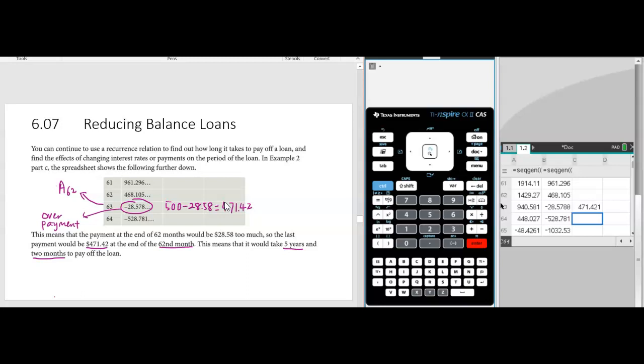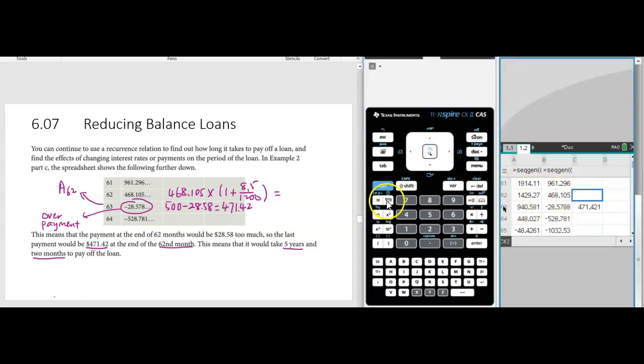Now this is how you get the last payment value. Another method is to use the last positive value before your negative. You can use this 468.105 times 1 plus 8.5 over 1200, and you will see that it will be the same value as this.